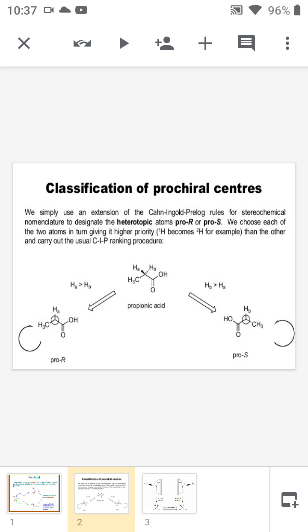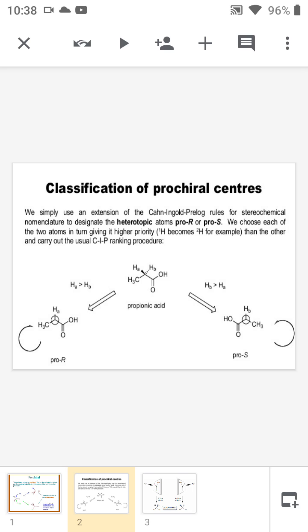If you arrange the substituents and give priority to them, and note that the rotation of the substituents is in a clockwise direction, then we call it pro-R. And consider the other product, that is the pro-S.